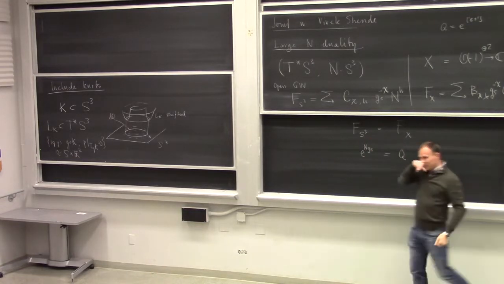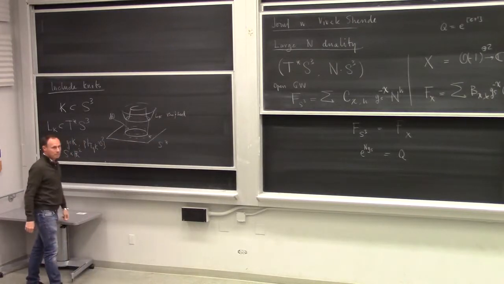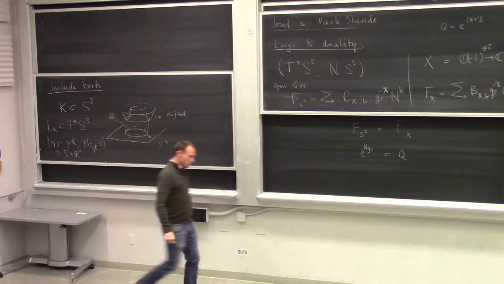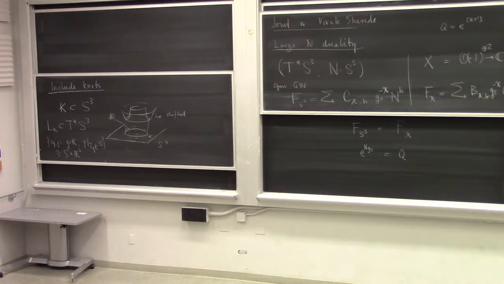Yes? In these open string Gromov-Witten invariants, which ones have an honest theory with a virtual class that you can define, or are some of them just written down formally here? No, I want to tell you what's going into defining this thing.